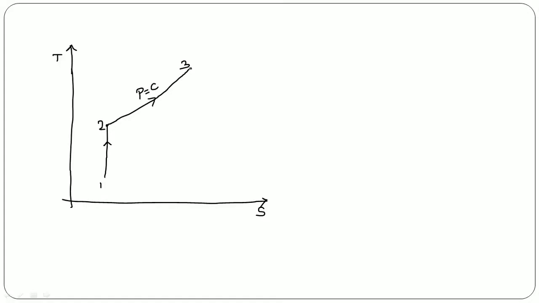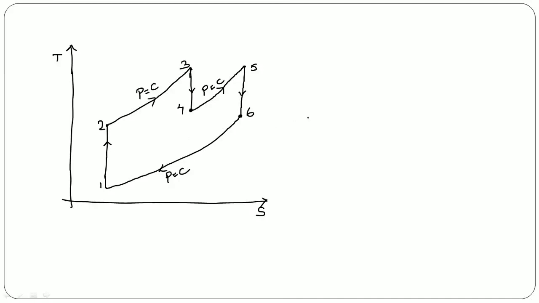Then 3 to 4 is isentropic expansion in the high pressure turbine. So 3 to 4 is isentropic expansion. Then 4 to 5 is reheating in the reheater. This is constant pressure reheating. And 5 to 6 is isentropic expansion in the low pressure turbine. And 6 to 1 is constant pressure heat rejection in the heat exchanger.